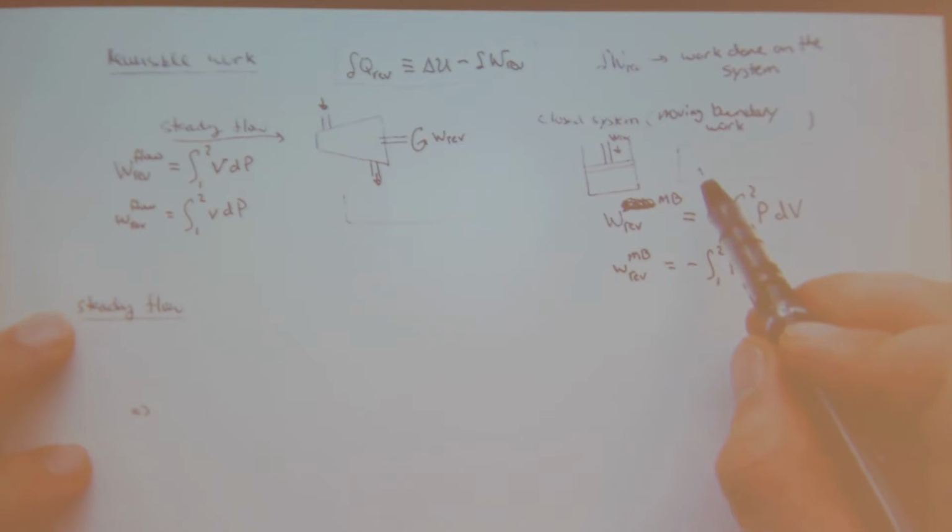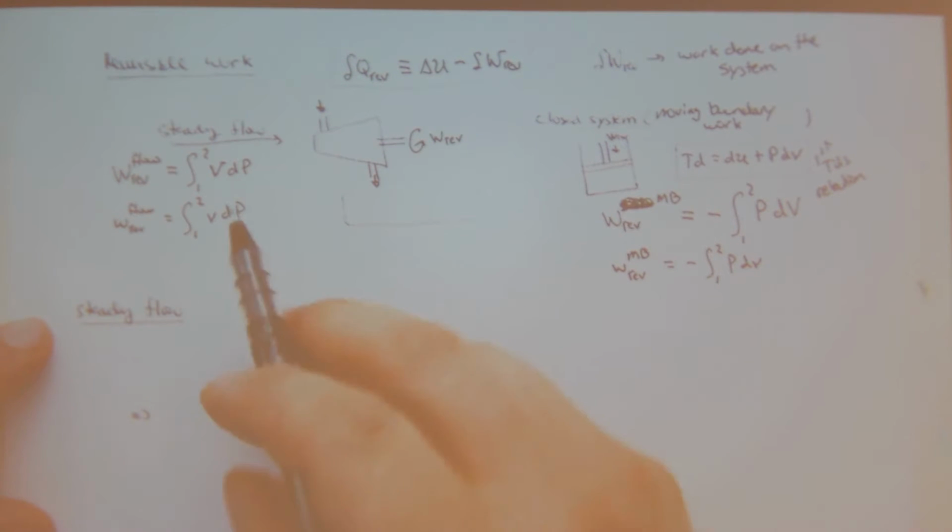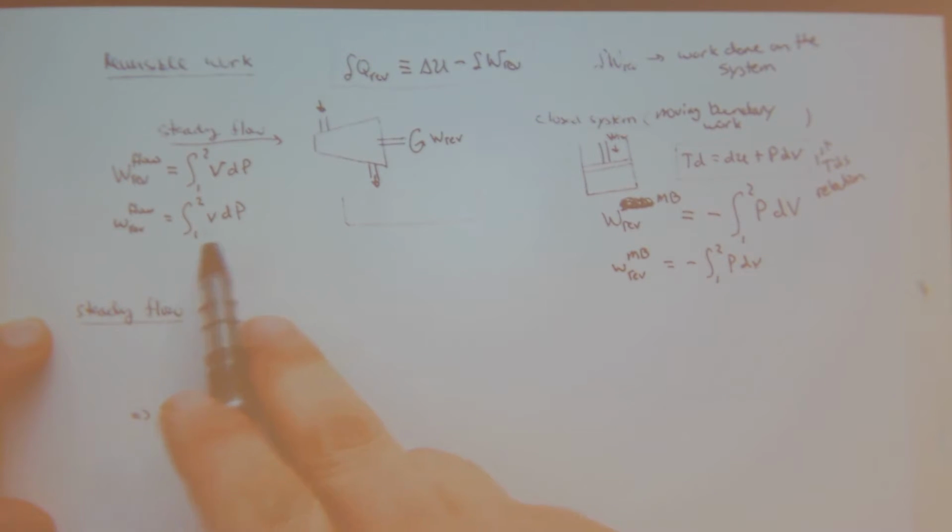So related to this, I can write out my TdS relation. TdS is equal to du plus P dV. This is the first TdS relation. With this one, I have this V dP.